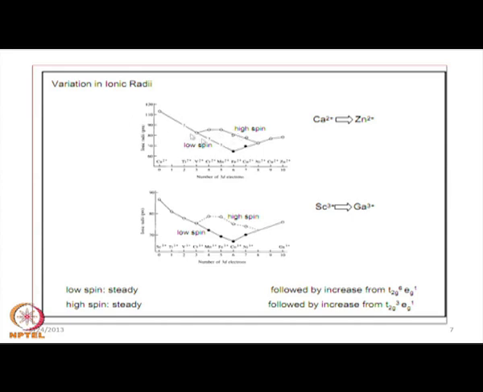So, if we go for the corresponding low spin electronic configuration, we expect that it goes straight down up to iron 2 plus, which is T2G6 electronic configuration. Similarly, for trivalent we can go down to cobalt 3 plus, which is 3D6, and as a result in the low spin electronic configuration this is the corresponding 3D6 or T2G6 electronic configuration.